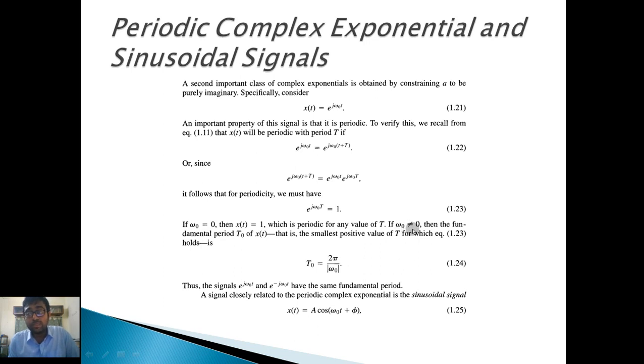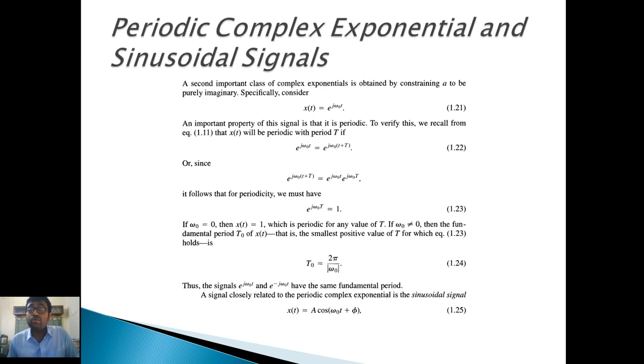Now if omega 0 is not equal to 0, then the fundamental period T0 of x function of t, that is the smallest positive value of T for which equation 1.3 holds, is this. As simple as that. If omega 0 is equal to 0, then we don't have to consider anything; we know the signal is periodic.